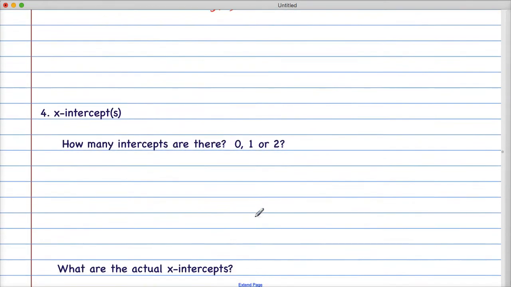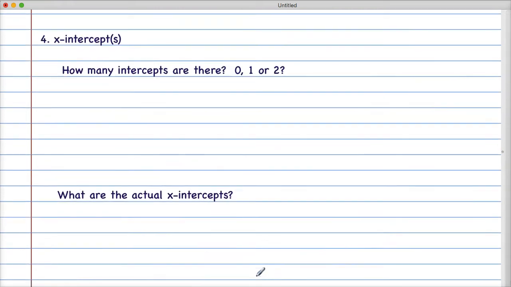The last thing we want to talk about here are the x-intercepts. So we mentioned there's 0, 1, or 2, depending on what this graph looks like, where it intersects the x-axis, if it's opening up, down, or if it's on or above or below the x-axis. So to determine how many there are, we are going to figure out what the value of b squared minus 4ac is. So that expression is very important.